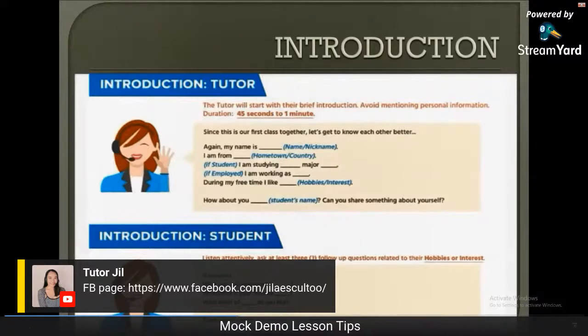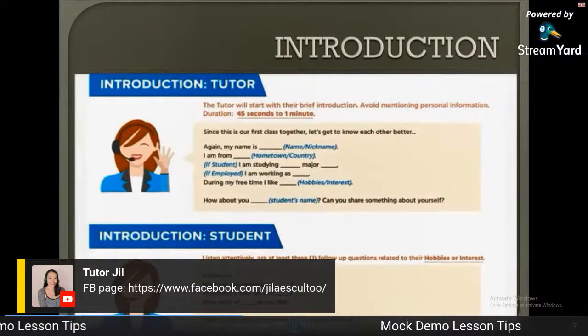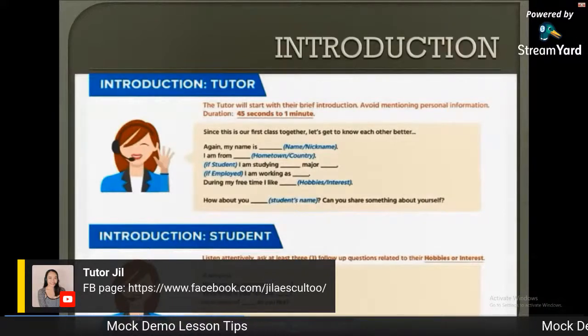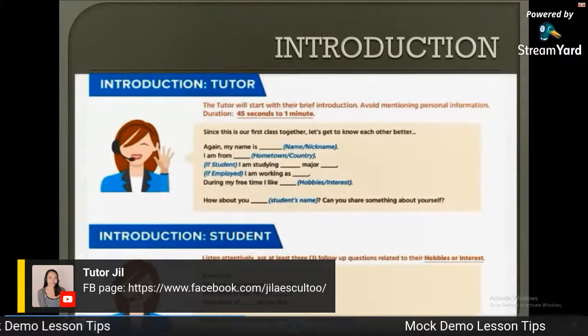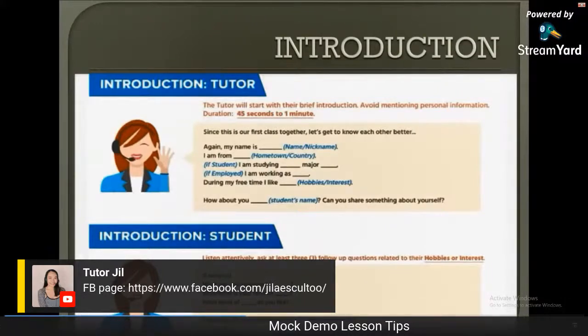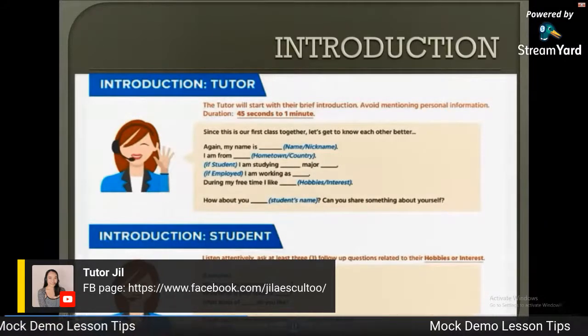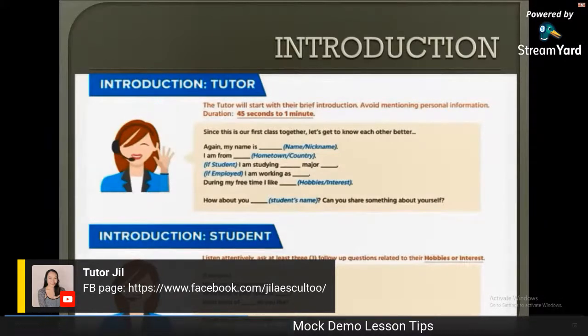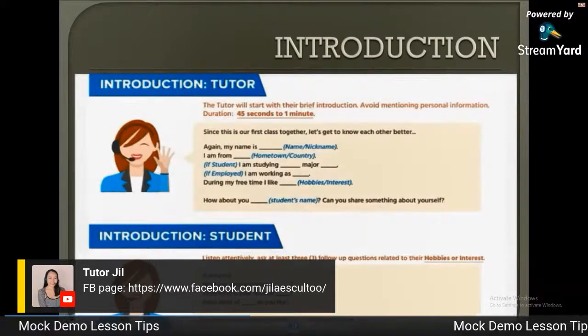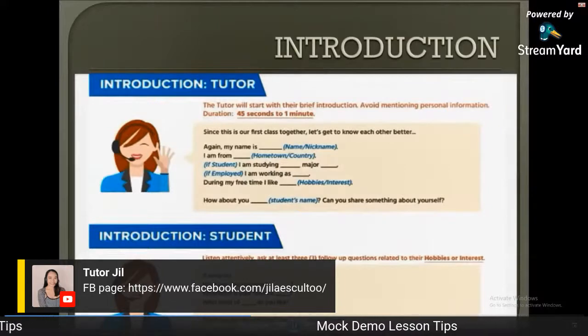Avoid mentioning or asking any personal information or sensitive topics like religion, gender, race, political views, or status. Your introduction should last from a few seconds up to a minute.